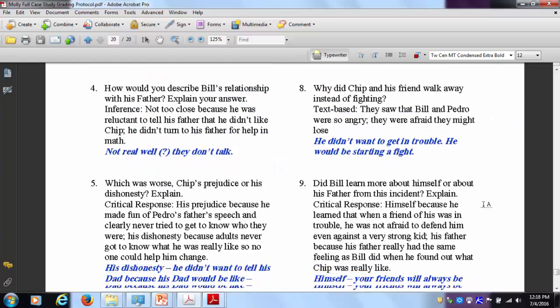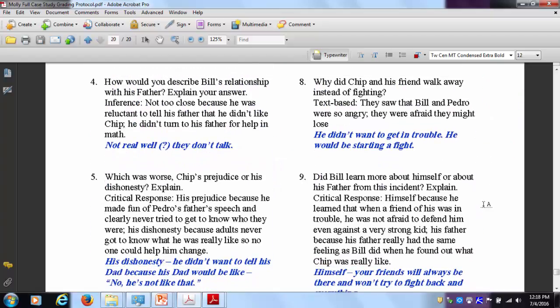She is right for 3. Now, when it gets to 4, this is an interesting thing because we have to give this a half credit because he says they don't talk. So you have a kernel here, but it is not developed through support. All right?